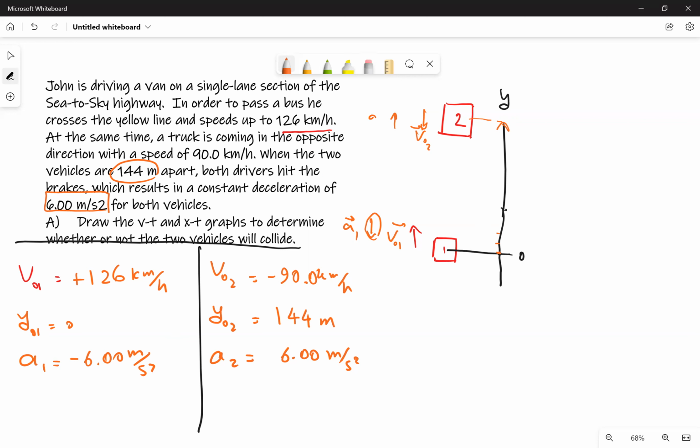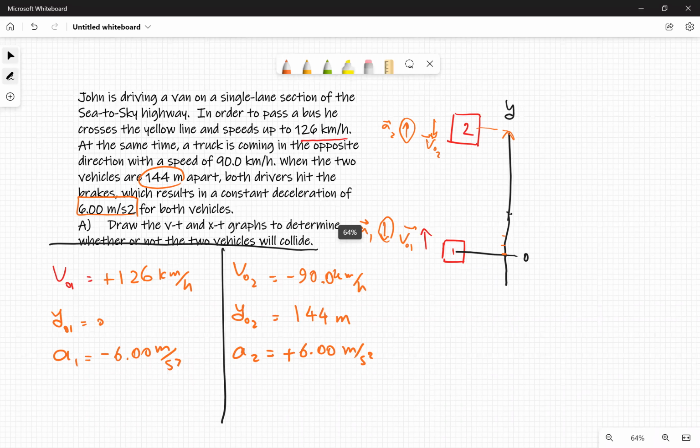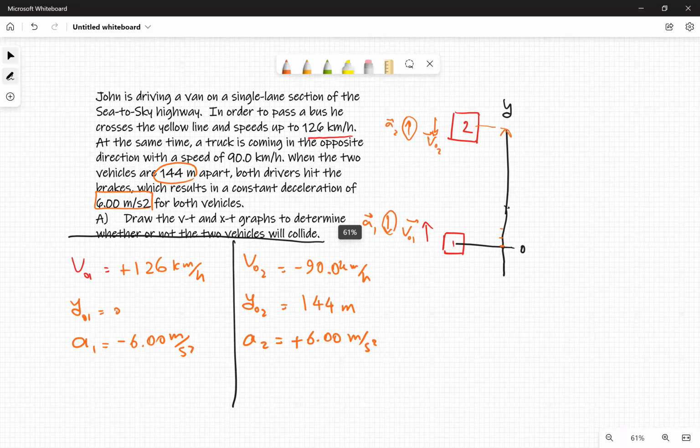So you expect the acceleration for the second vehicle to be in the opposite direction of V02. And this vector, is it in the positive direction of y or negative direction of y? It's in exactly the same direction of y. So I will give this positive. Okay. So these are basically my known parameters.